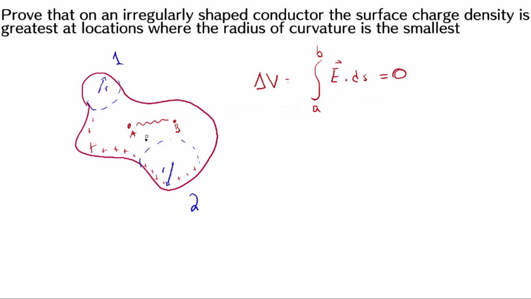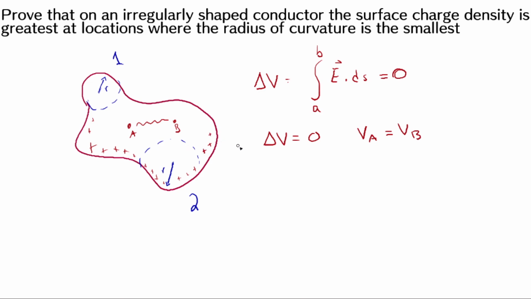Why? Because there's no charge on the inside. Now that also means the change of potential is 0, so potential A is the same as potential B because there is no change.